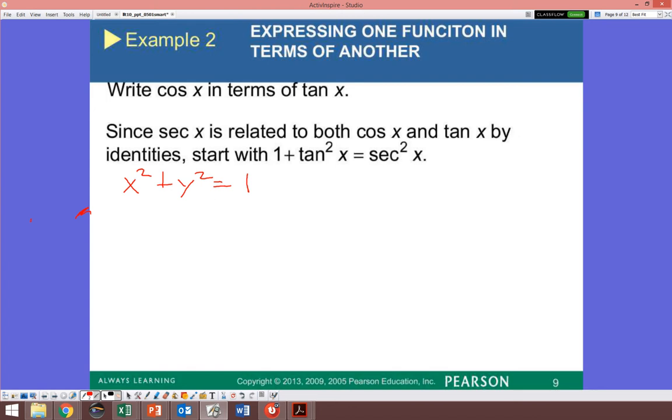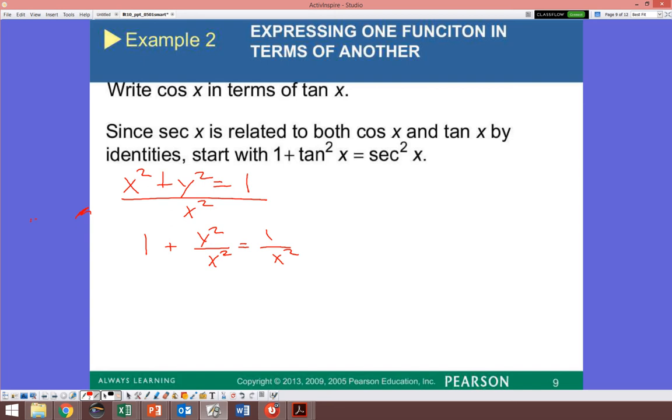And this is what I was talking about the other day when we were talking about making all of our identities. So we're going to do this and make our own identities, right? Now, dividing each one of these terms by x squared, x squared divided by x squared gives me 1, right? So 1 plus y squared over x squared equals 1 over x squared.